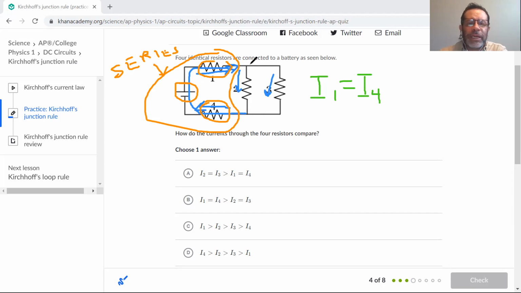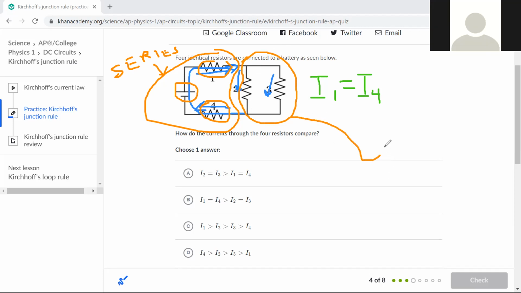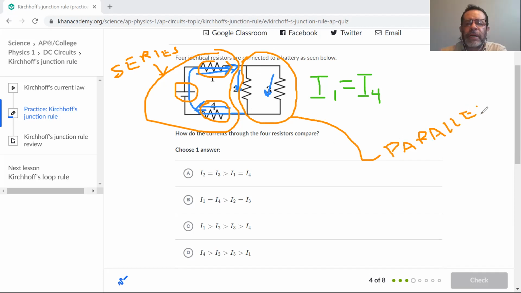That's correct. What connection do we have with I2 and I3? What type of connection do we have there? Parallel. Okay, it's a parallel.